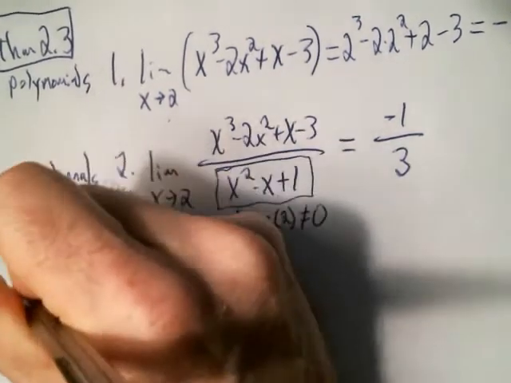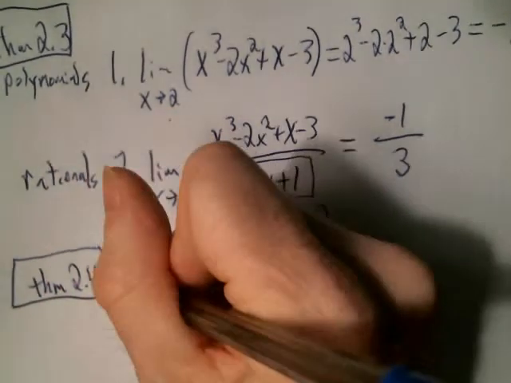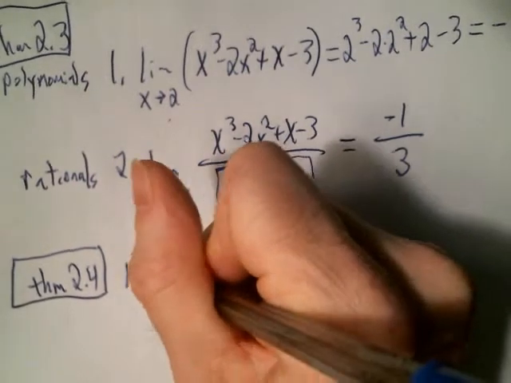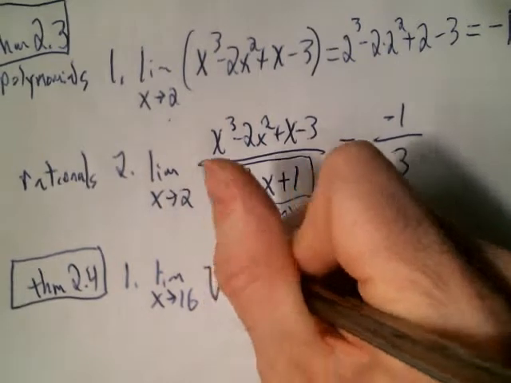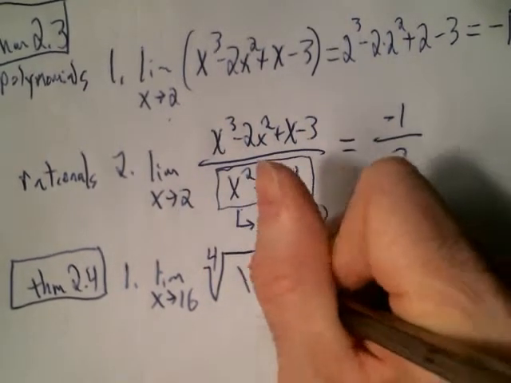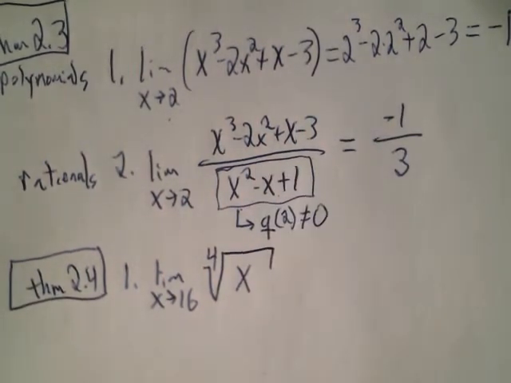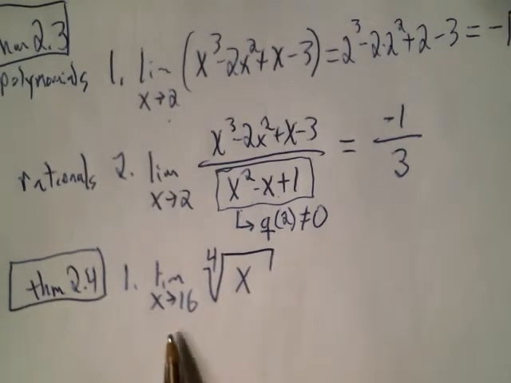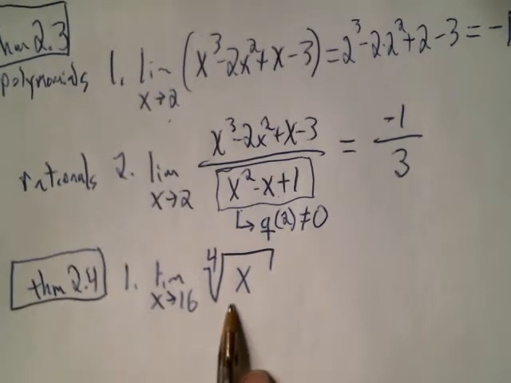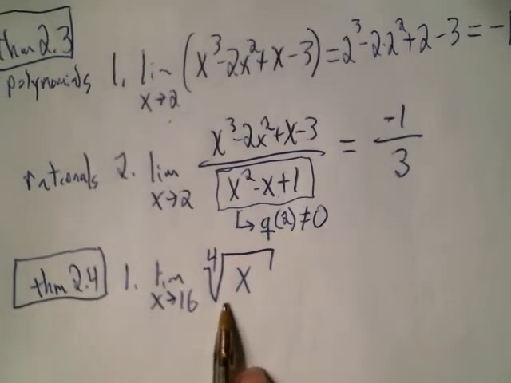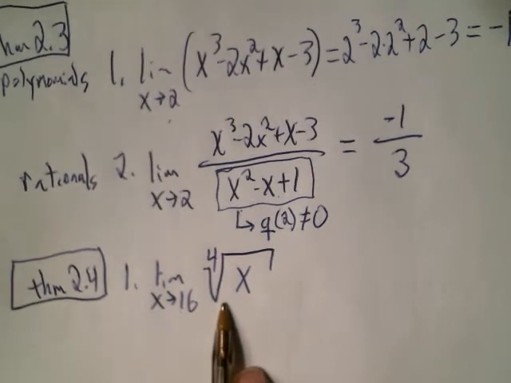Theorem 2.4 then is on radicals. First off, we have the limit as x goes to 16 of the 4th root of x, and this will be true for any particular root that we care about. Obviously, it has to be approaching something in the domain of x, and if it's at 0, we have to consider the right-hand approach, right?